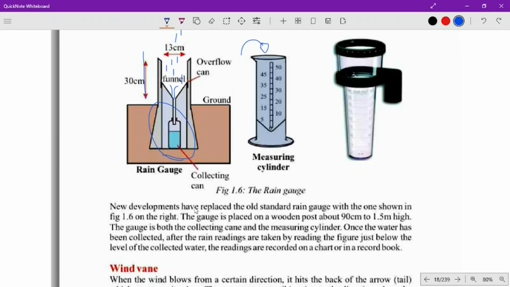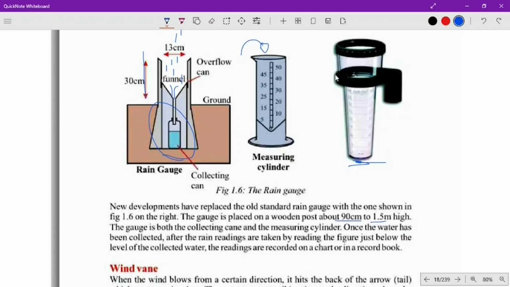New developments have replaced the old standard rain gauges with this one. This rain gauge is placed on a wooden post about 90 centimeters to 1.5 meters above the ground. In this new rain gauge, the gauge is both the collecting can and the measuring cylinder.